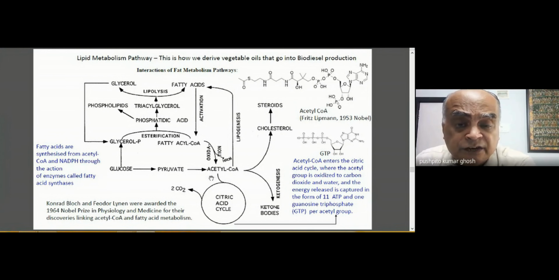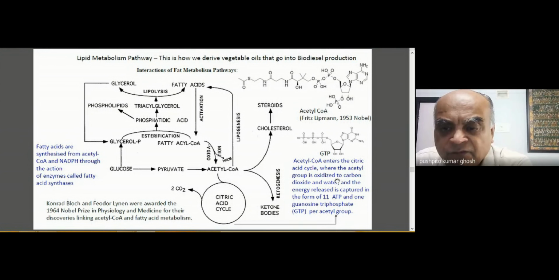The reason it releases a lot of energy is the citric acid cycle. In the citric acid cycle, the acetyl group, in acetyl coenzyme A, which is CH3CO, gets oxidized.